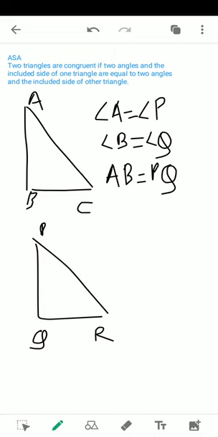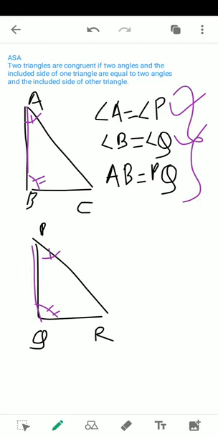So if you see over here, if I have angle A equals angle P and angle B equals angle Q, and also the included side, which is the common side to both the angles, that is AB over here, and over here it is PQ. If these 3 conditions are satisfied, then I can say that those two triangles are congruent to each other. I hope that clarifies things.